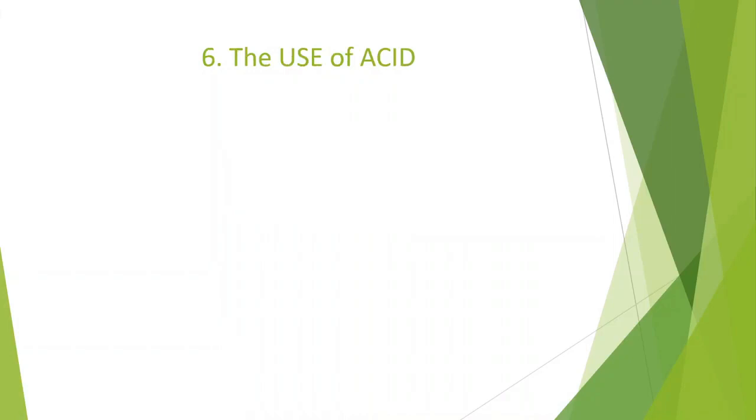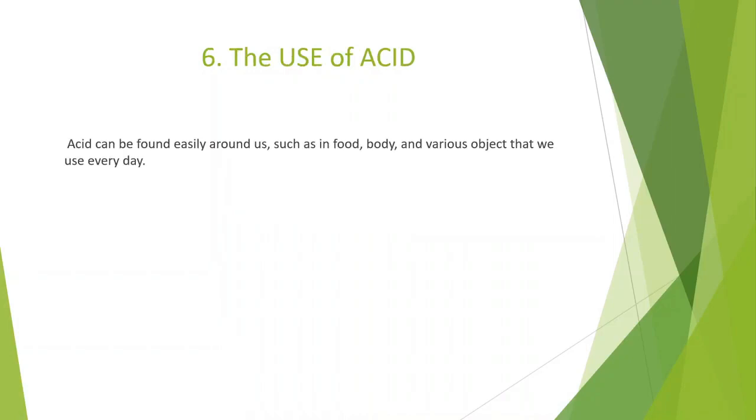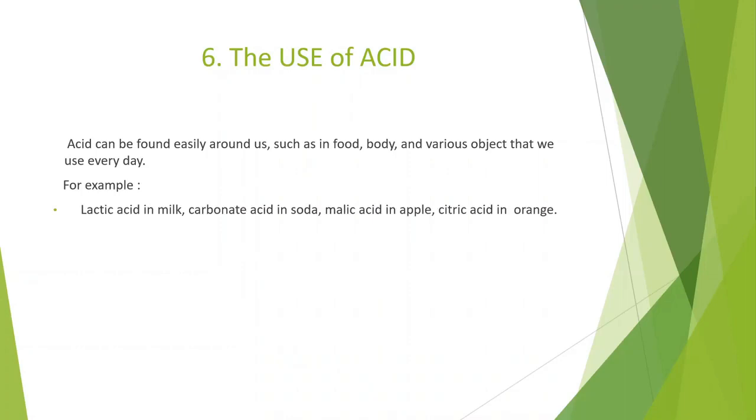The use of acid. Acid can be easily found around us, such as in food, the body, and various objects that we use every day. For example, lactic acid in milk, carbonic acid in soda, malic acid in apple, citric acid in orange.